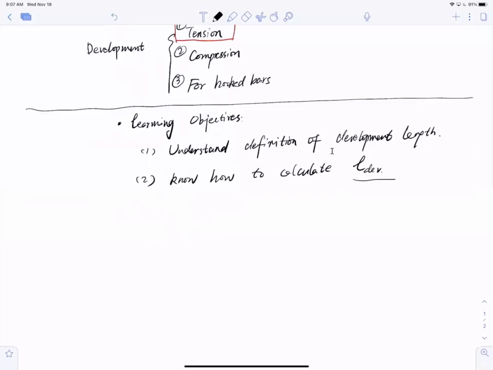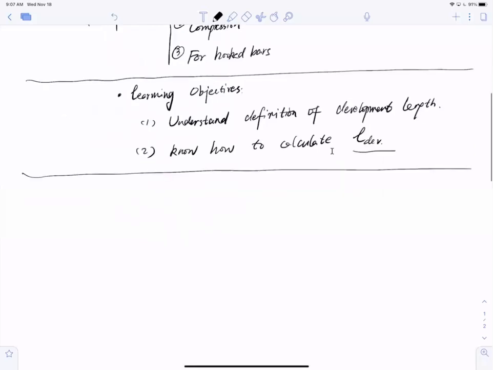So let's take a look at the definition of it. If we're going to talk about the definition, we have to start with another basic concept.